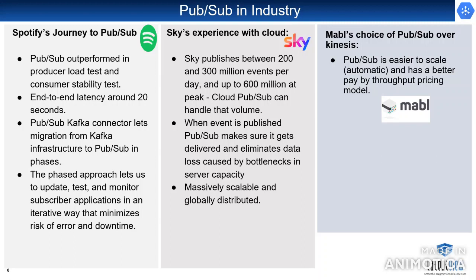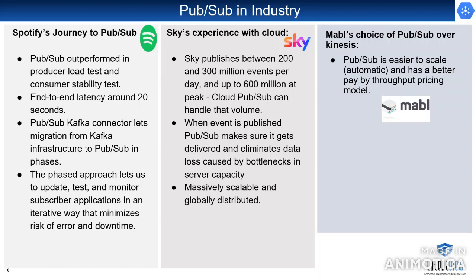They were also looking for several other services like file storage, NoSQL database, container services, and all that. When it comes to messaging service, they compared Amazon Kinesis and PubSub. PubSub clearly had a vast superiority in terms of scalability and cost model.